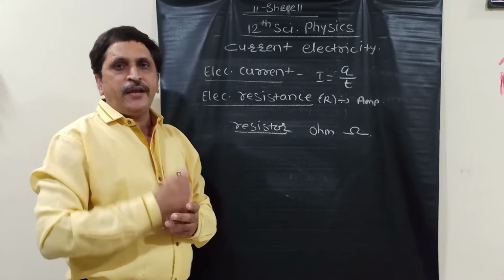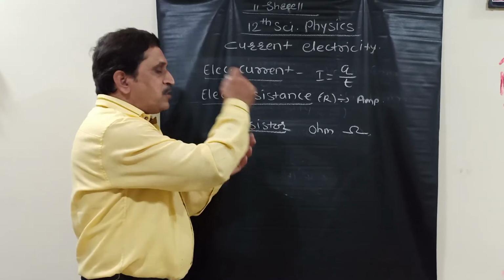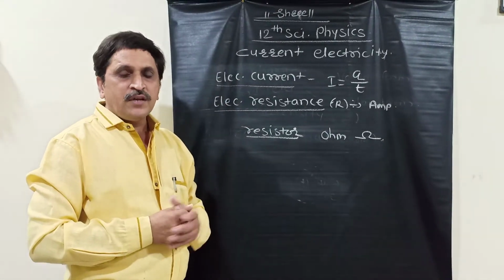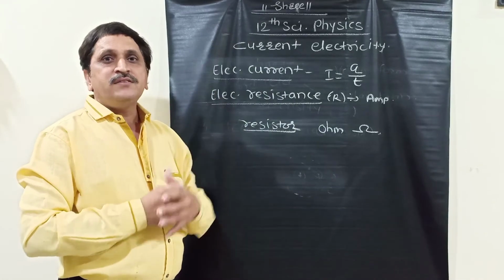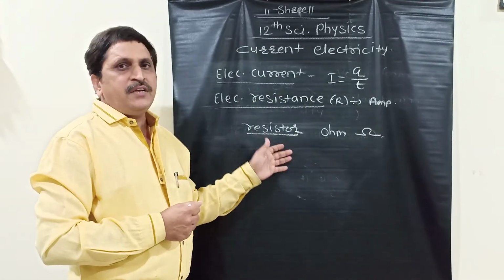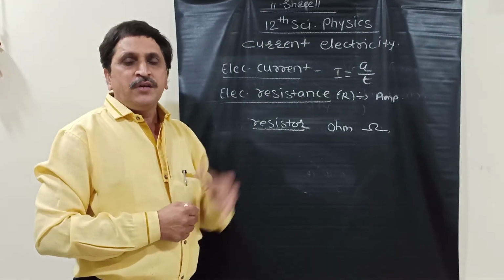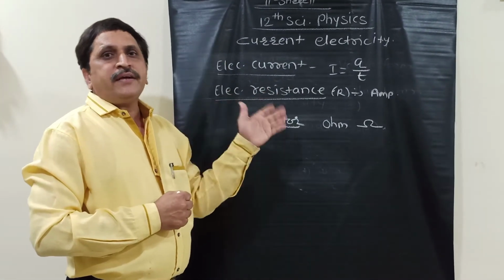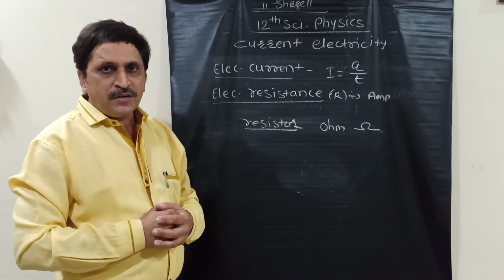And the electrons which are present in the outermost orbit of an atom are known as free electrons. These electrons are also known as valence electrons. And depending upon the number of free electrons present in the outermost orbit of an atom in the substance, we can say that that is the basis of the electric conductivity property of that substance.